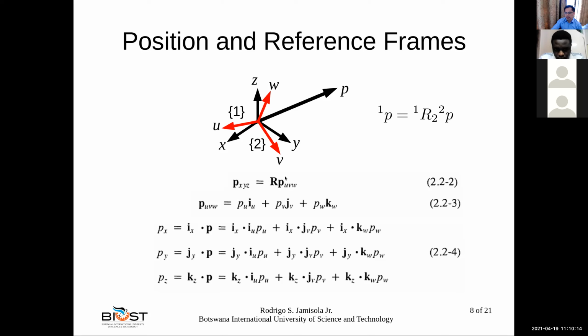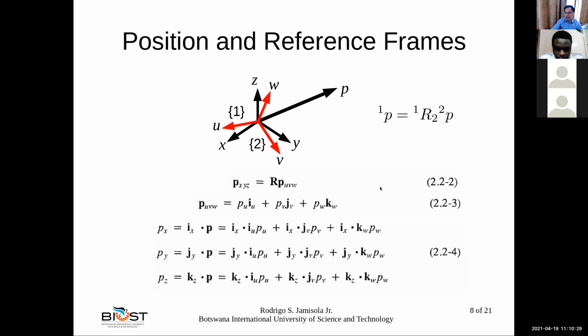And so we can express the vector p with respect to the u, v, w reference frame in terms of the x, y, and z reference frame by multiplying with the corresponding rotation matrix.